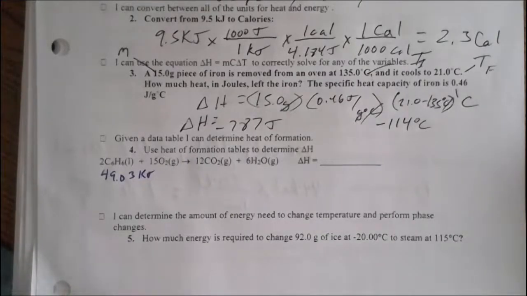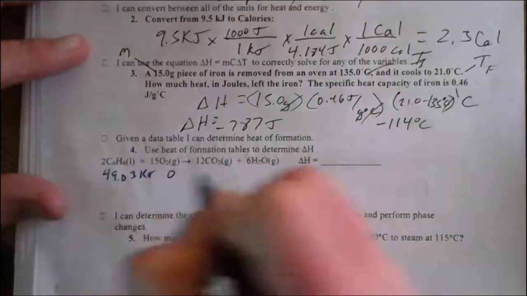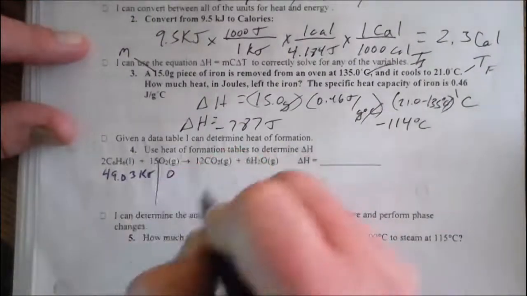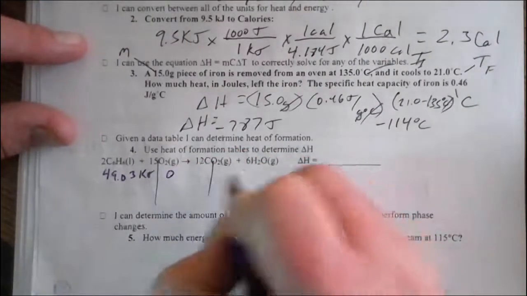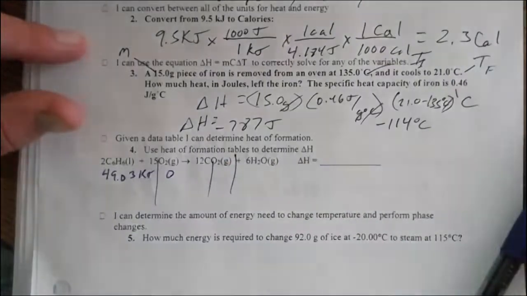Is it on there? Why is it not on there? Because it's an element, right? So there's no real heat of formation if it's in its elemental form, right? We don't have to form it from the elements if it's already an element. So that's going to be 0. And I'm going to go ahead and make lines here. Oops, I want to put that line there. So that's going to be 0.